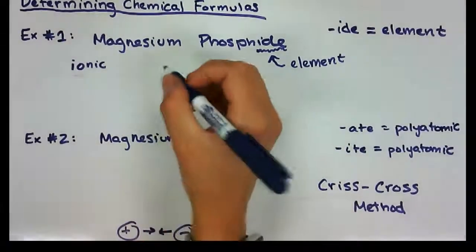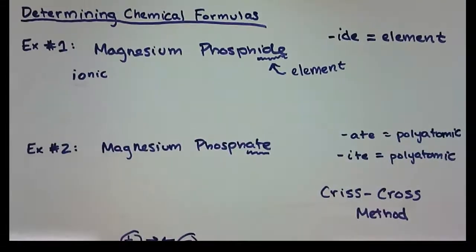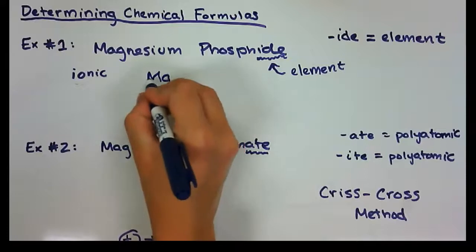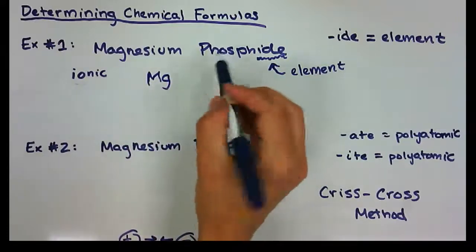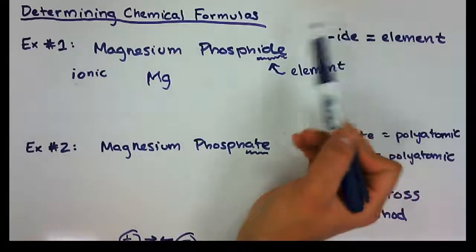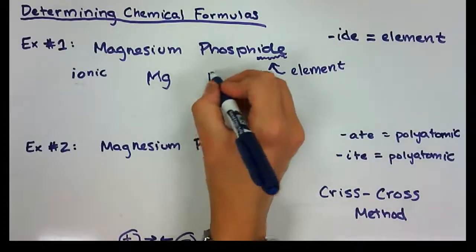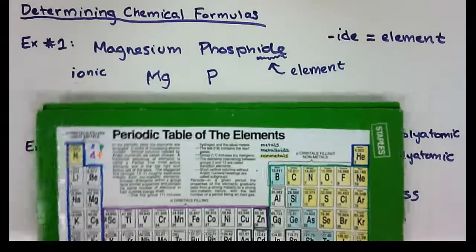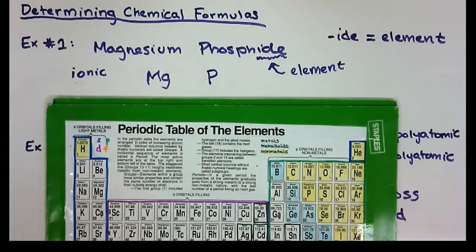So let's start by doing this crisscross method. We have magnesium, and we have phosphide, which we said is going to be the element phosphorus. Then we just need to look at our periodic table and determine what the charges of these ions will be.